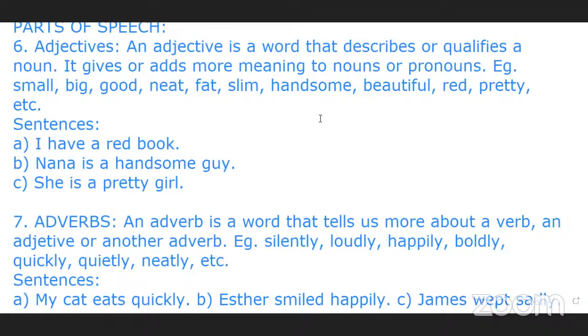So an adverb tells us more about a verb, an adjective, or another adverb. We have examples: silently, loudly, happily. My cat eats quickly. Esther smiled happily. James wept sadly.